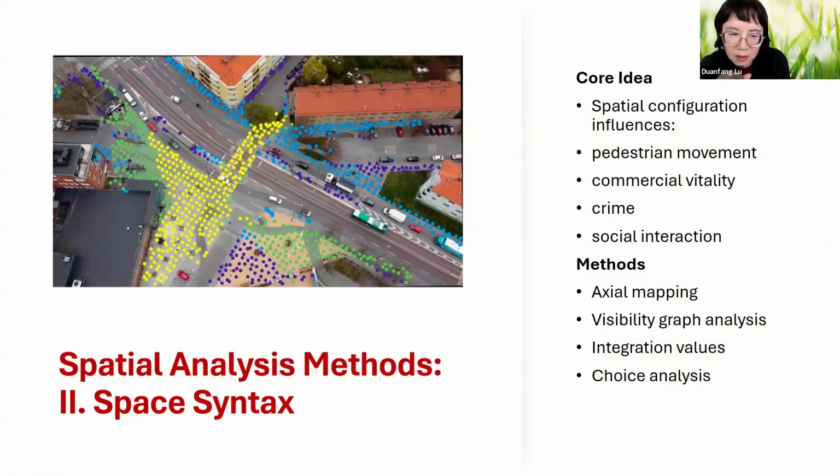And then depending on where you have better pedestrian flows, you might be able to reach the best strategy in terms of placing, for example, a good public space, a new park, in the area, or a new business in the area.